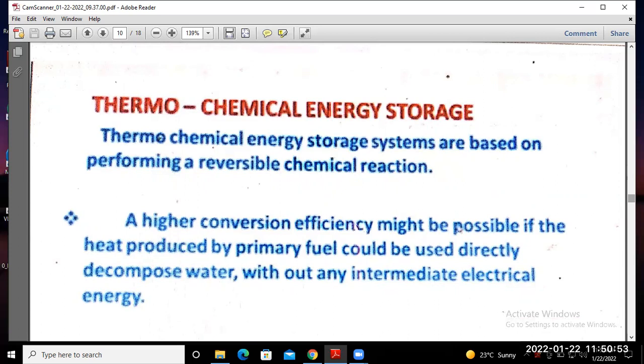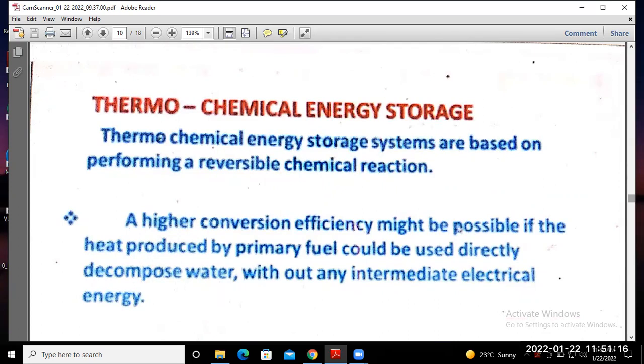Higher conversion efficiency might be possible if the heat produced by primary fuel could be used directly to decompose water without any intermediate electrical energy. So this is the thermochemical energy storage system.